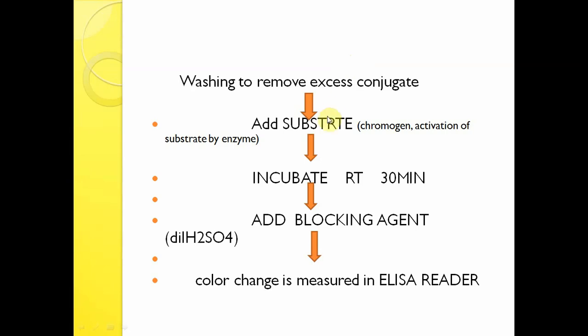Then substrate, the chromogen containing reagent, is added. The enzyme present in the conjugate oxidizes this substrate solution to develop the color. Now do the incubation and add blocking agent, which inactivates the enzyme and fixes the color. Finally the color change is measured in the ELISA reader.